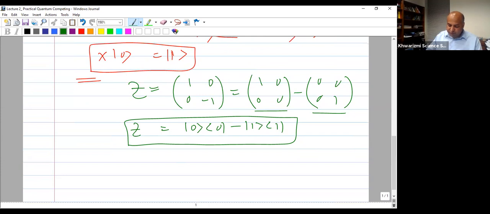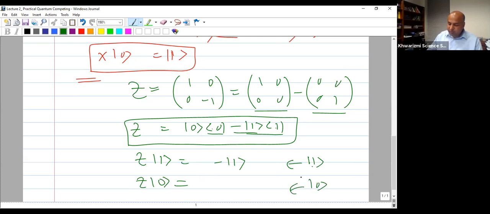If I multiply this Z with the 1 state, when this 1 comes from this side and operates on this operator, 1 into 1 will be 1, and I will get this minus 1. When it goes to the other part, 0 into 1 would be 0, because the 0 and 1 states are orthogonal, so this will go away. Similarly, when this Z applies on 0, and this 0 applies to this operator from the right side, 1 into 0 would be 0, so this term goes away, and 0 into 0 is 1, and so I get 0.